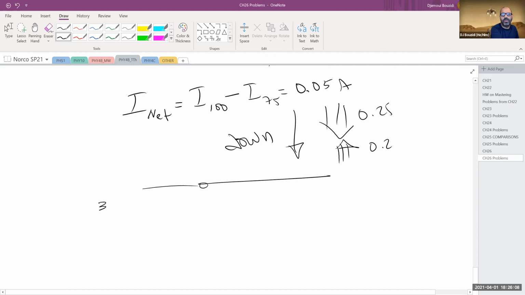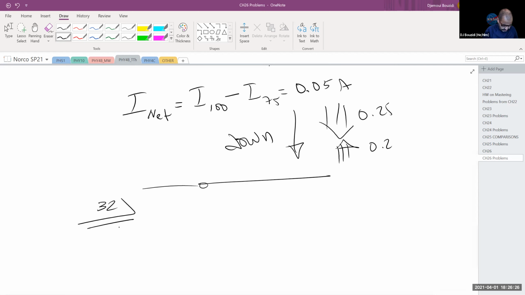So problem 32. It says in the circuit shown, and it shows you a complicated circuit that has 8 resistors, 2 batteries, and an ammeter in it.